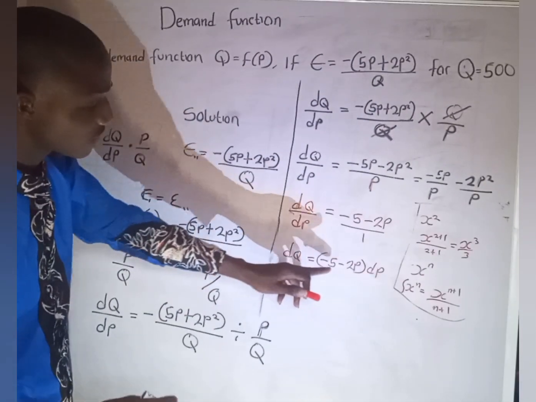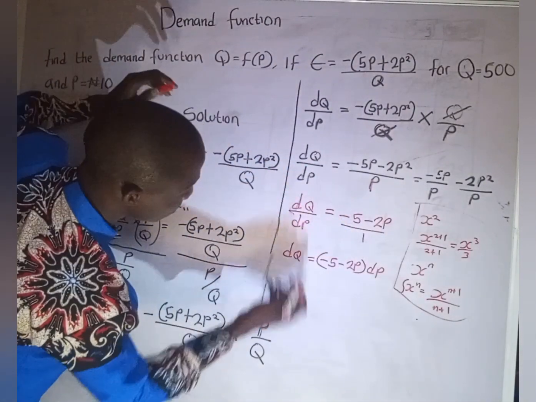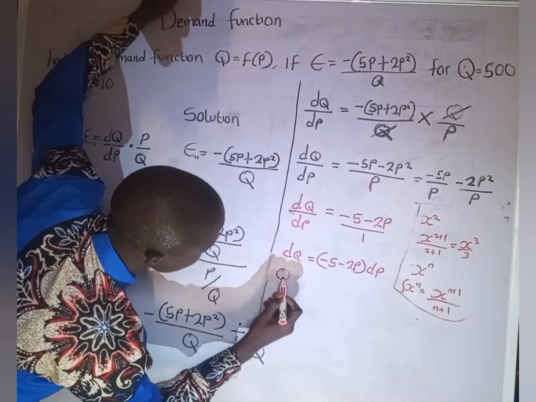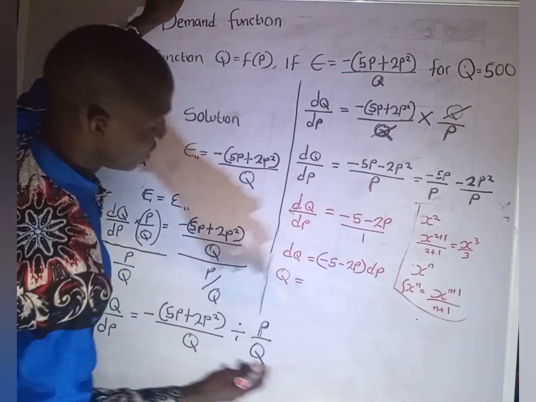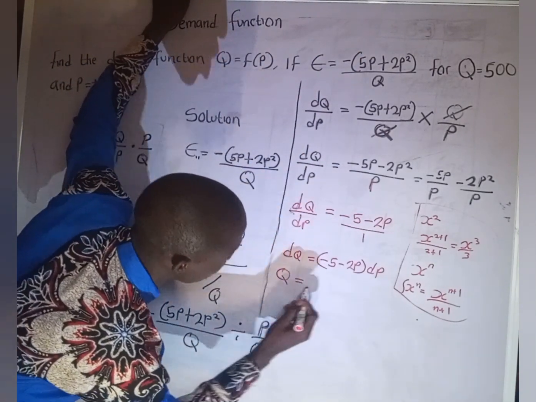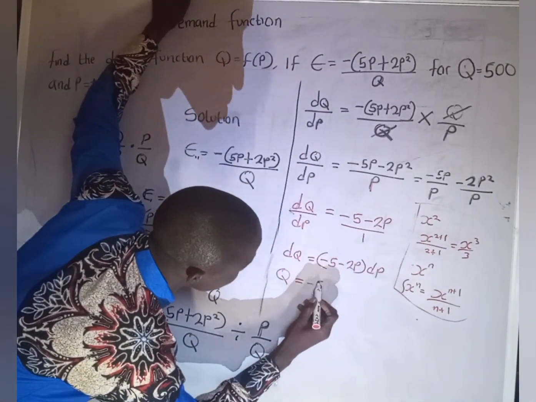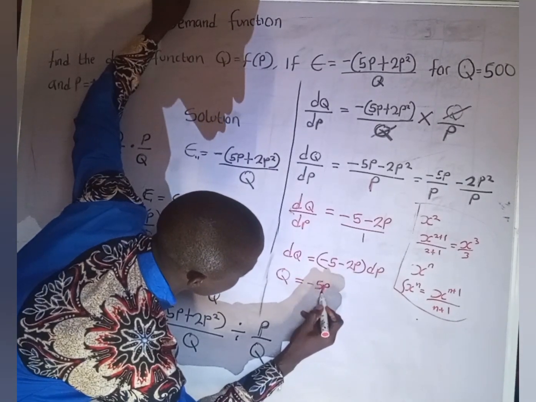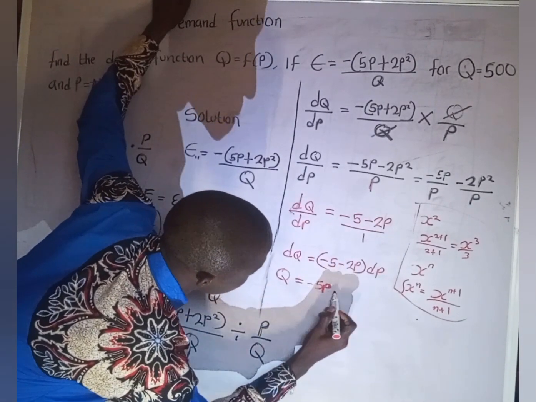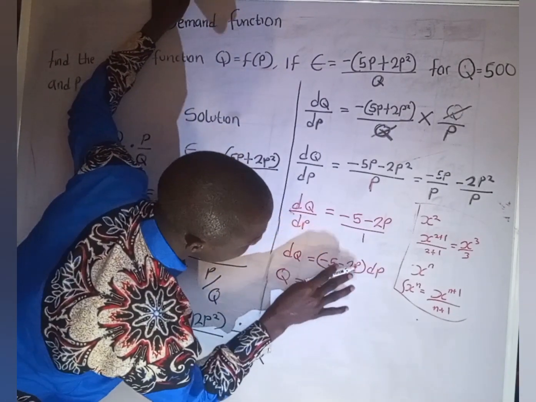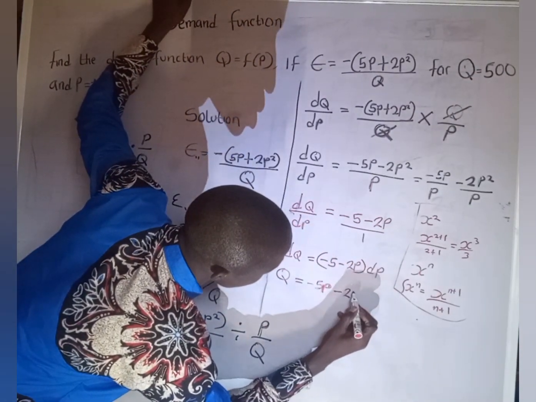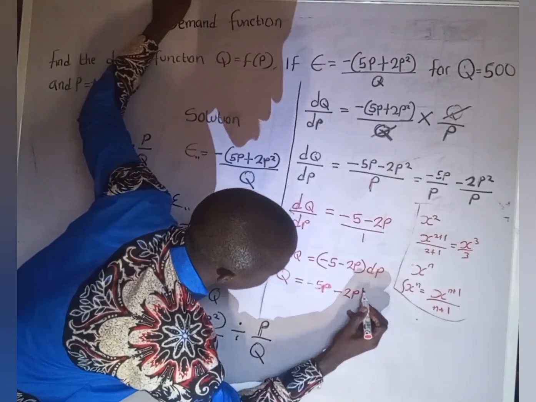Q equals minus 5 minus 2p dp. If you integrate with respect to p, Q will be equal to... this differential sign will leave the equation. So I'm going to have Q equals the integral of minus 5, the constant, which becomes minus 5p, now integrate minus 2p raised to the power of 1 plus 1.